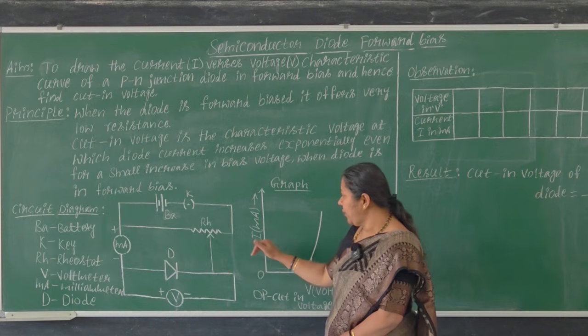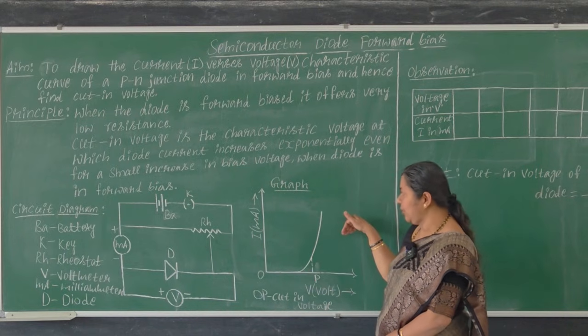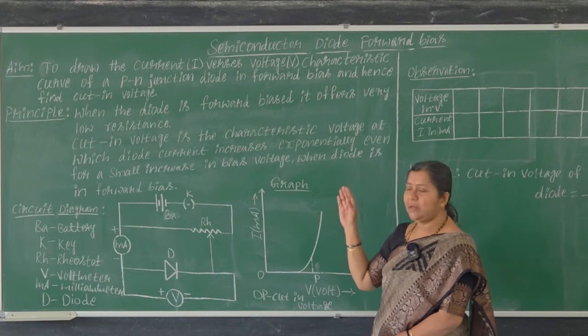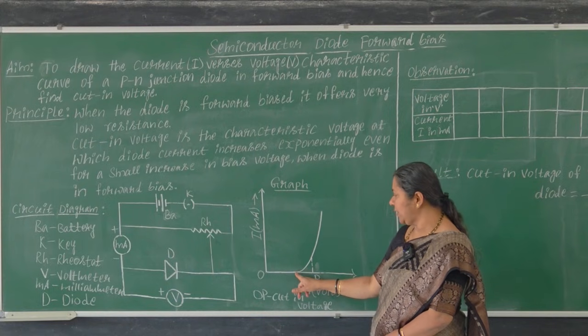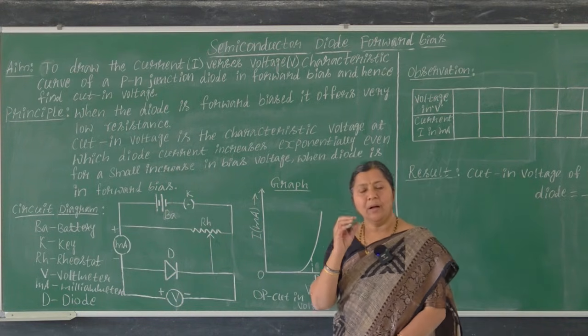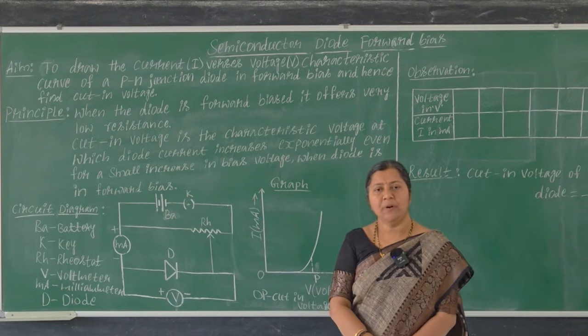When we plot the graph, the characteristic looks like this, because initially no current flows in the circuit. Later, at a particular voltage it starts, then the current increases drastically. Now we will look into the equipment, how to perform the experiment.